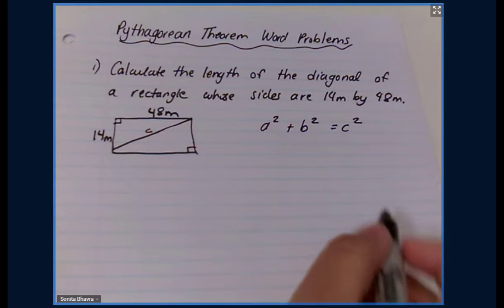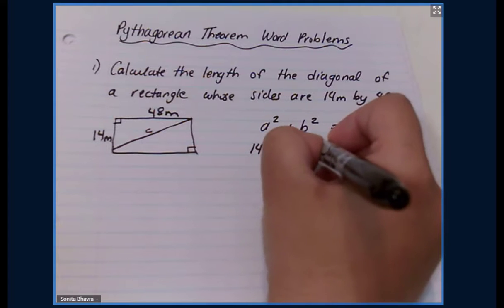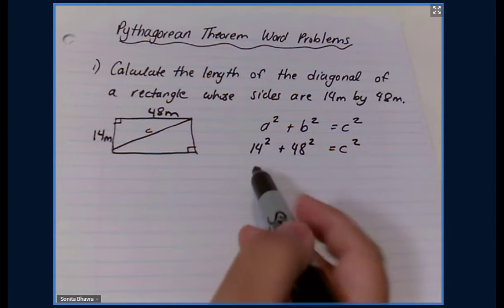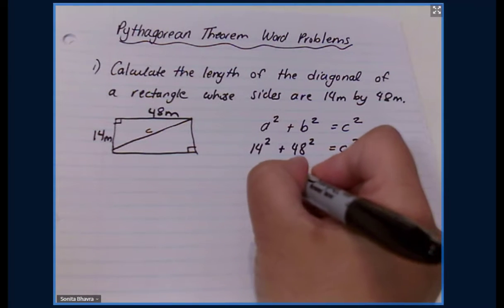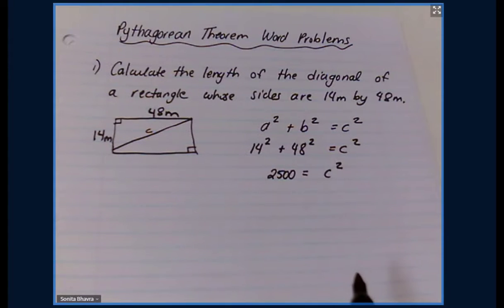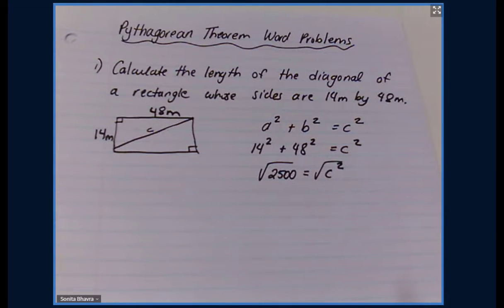All right, so we get 14 squared plus 48 squared will give me c squared. So 14 squared plus 48 squared, I'm just going to put that into my calculator. That gives me 2500 is equal to c squared. So remember to do that last step here, we have to take the square root of both sides to get our answer of just c, not c squared.